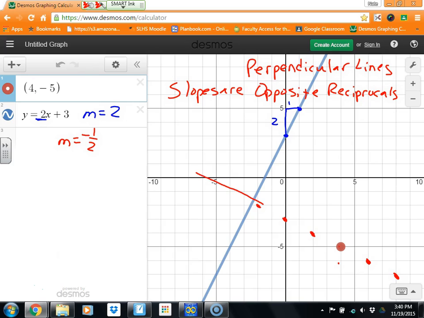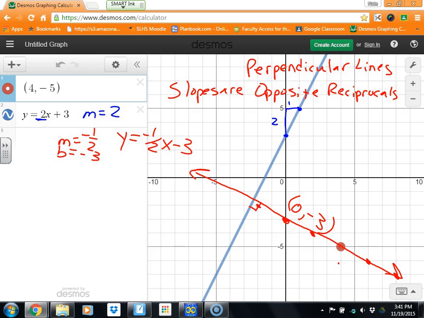And I can connect the dots and see where my y-intercept is. At 0, negative 3. So I can tell my intercept will be negative 3. So my equation should be y equals negative half x minus 3 for a line perpendicular to y equals 2x plus 3. Now it just so happens that the intercepts are opposites of each other. That's not always true.